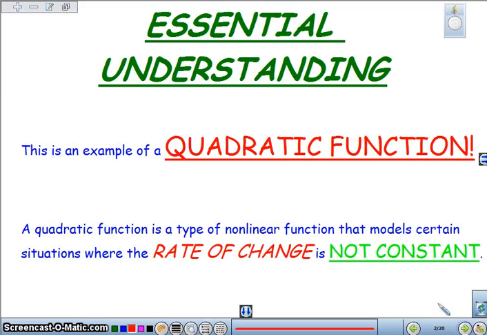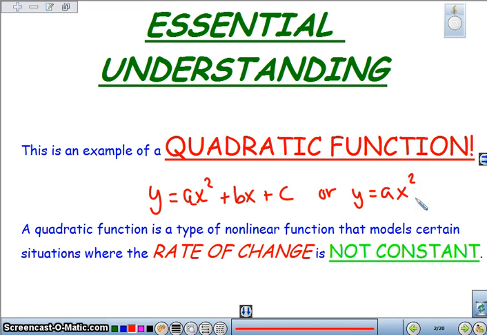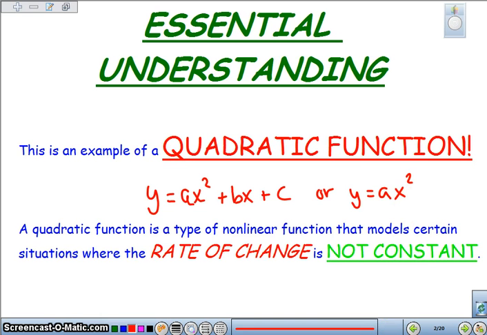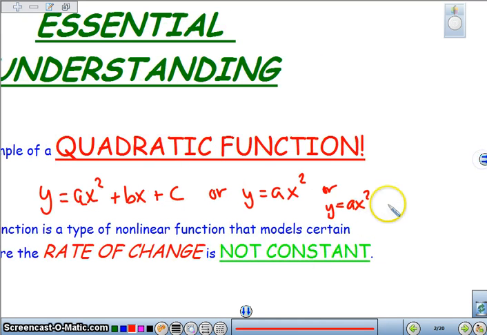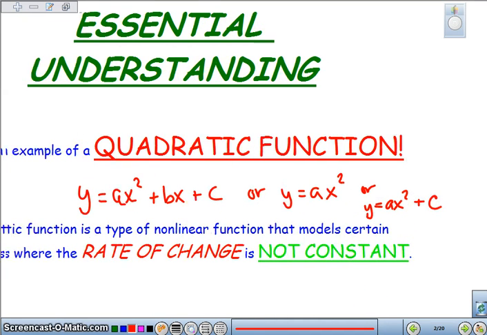So a quadratic function is where we have y is equal to ax squared plus bx plus c, or it could be just y equals ax squared, or like the last case that I was just showing you, you could have an equation where you have something like y equals ax squared plus c. So those are going to be the three main cases.